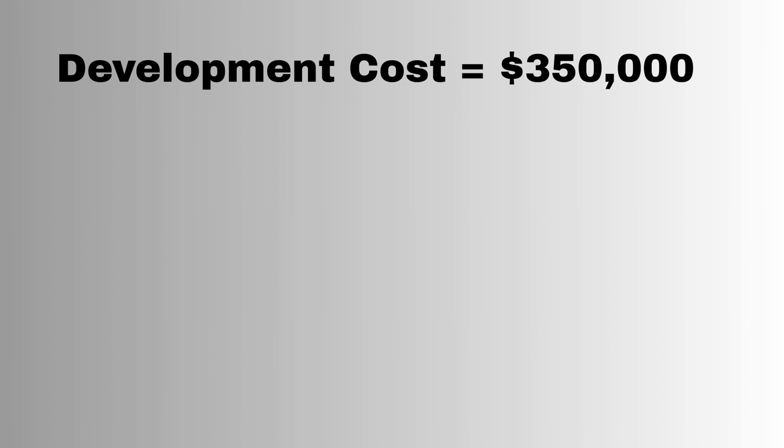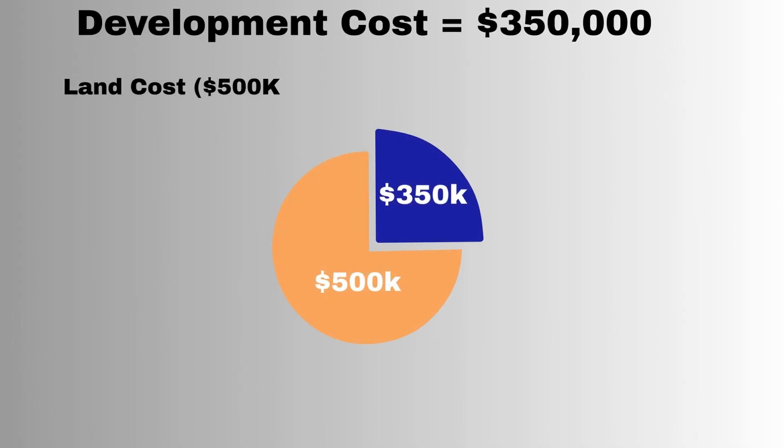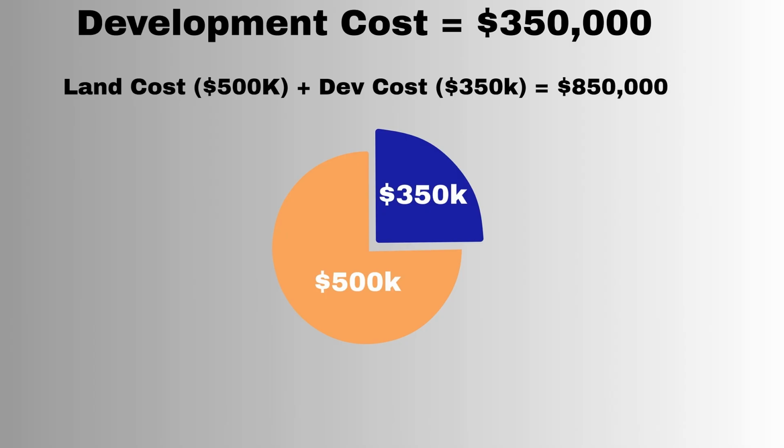We take the original land cost of $500,000 and add the development cost of $350,000. This gives us a total project cost or inventory value of $850,000. Since there are 10 lots, the cost basis per lot is $85,000.